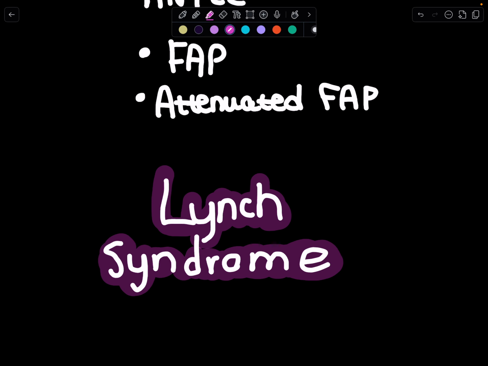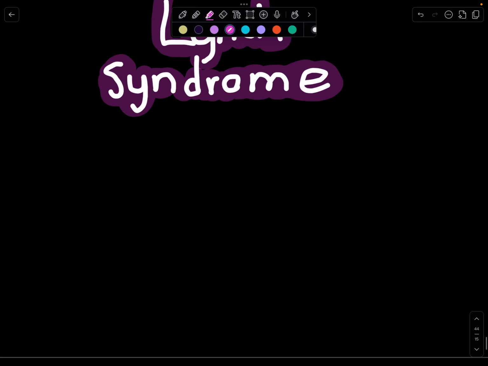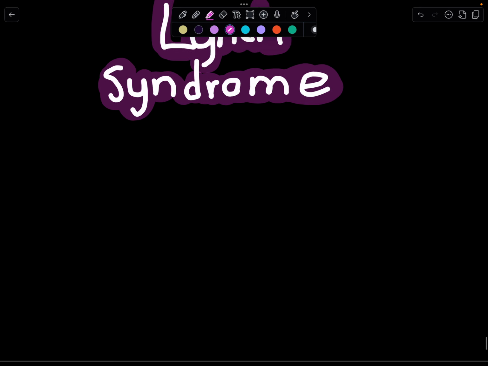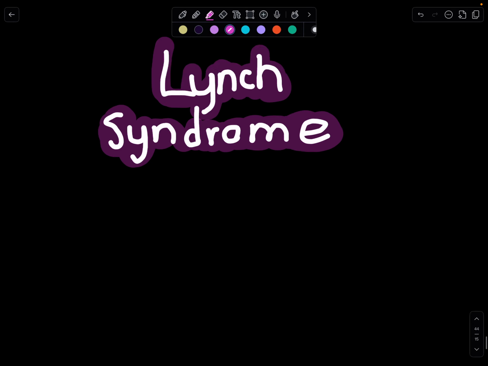Okay, and what are the genetics of Lynch syndrome then? So we have guanine thymine instead of guanine cytosine, and adenine cytosine instead of adenine thymine. Lynch syndrome is caused by inherited mutations in mismatch repair genes, MLH1, MSH2, MSH6, PMS2, or rarely, EPCAM, which normally fix DNA errors during cell division.